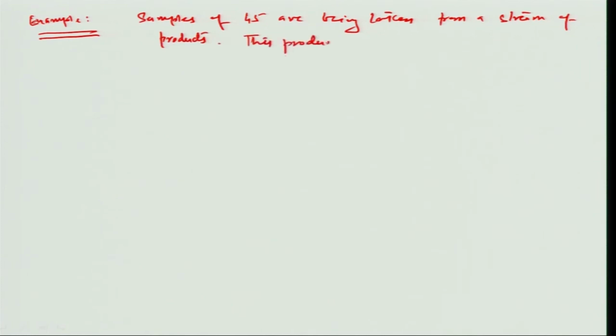This product is on the average 25% non-conforming. So, the p value here is 25 by 100 or 0.25.